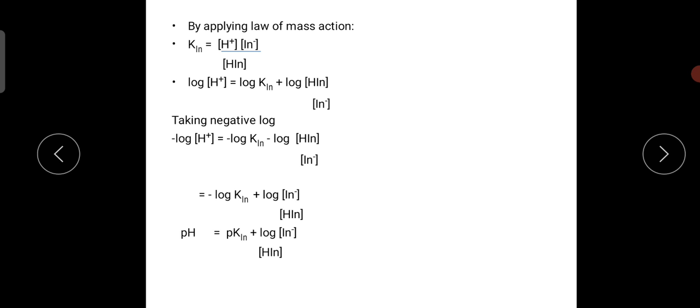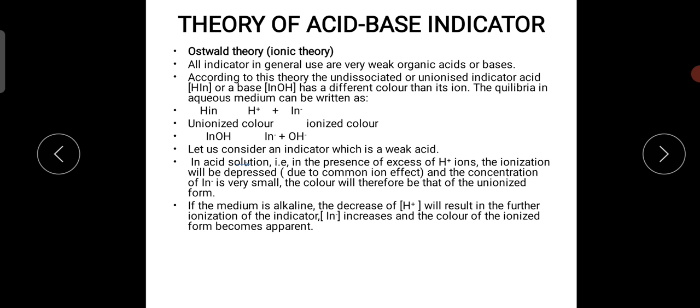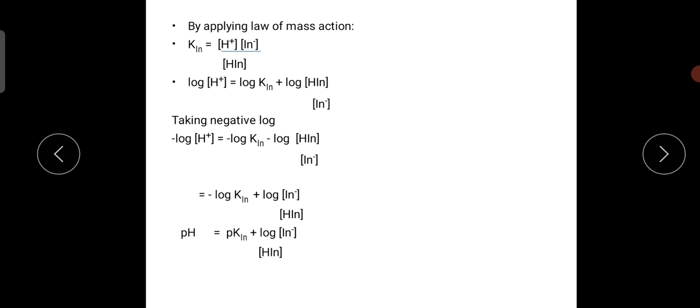By applying the law of mass action to this equation, we take log. While taking log, H positive goes to this side and this comes to the other side. Then we take the negative log, so in each term we see a negative sign.